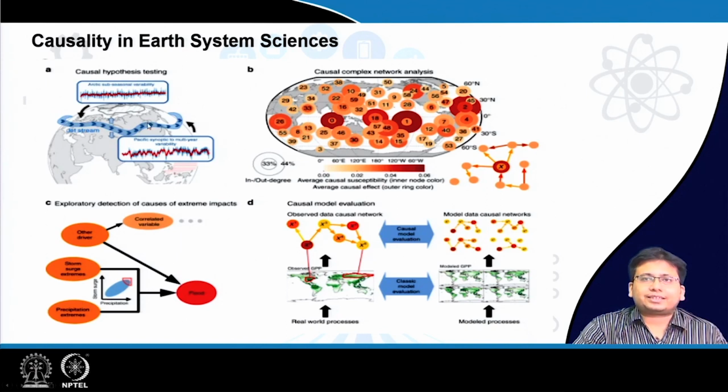Now, we need to test the hypothesis. You might be familiar with the idea of hypothesis testing, which is an important question in the domain of statistics. We know that we start with a null hypothesis and we define some test statistic and we define some criteria according to which the null hypothesis can either be accepted or rejected at a certain level of confidence and so on.